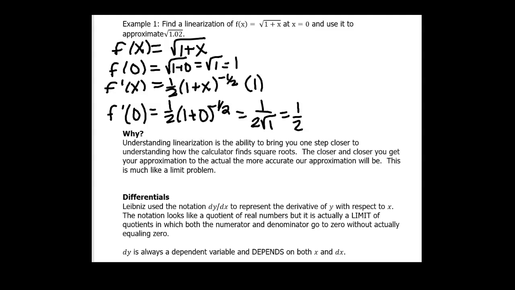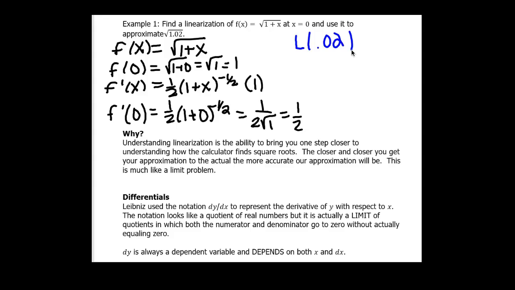So then what I want to do is approximate when x is 0.02. Because it's 1 plus x, what we're approximating is 0.02. I think sometimes that's part of the problem too, is you don't know what you're approximating. We're not approximating 1.02. We're not approximating the square root of 1.02.